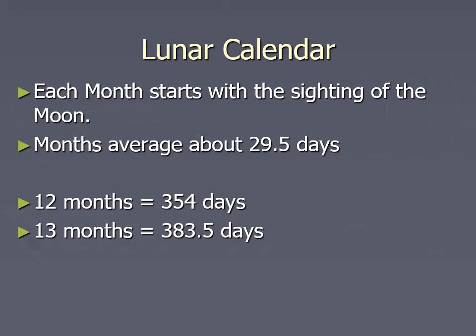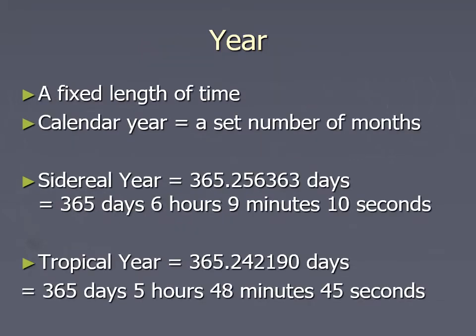And so that didn't seem to work real well, because the actual time it takes Earth to go around the sun is 365 and about a quarter days. The sidereal year, the actual time it takes to go around, is slightly more than 365 and a quarter, but because of precession, we talked about precession earlier, the seasons don't repeat at the same time that the Earth goes around the sun, because as it goes around the sun, it changes the direction of the tilt, which changes when the sun is at the equinoxes or the solstices.